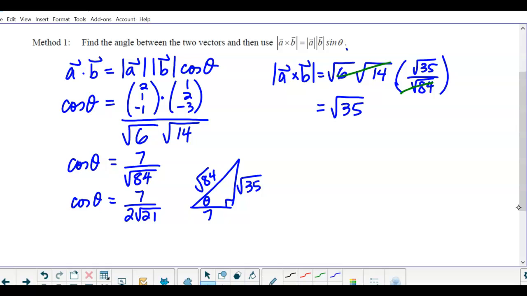Okay, so you do that. Then take the magnitude of the vector that you get. See if it's the same.